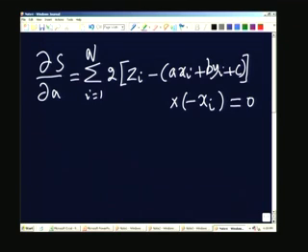This is one normal equation. Similarly, I have to obtain the normal equations for dou S by dou b equal to 0 and dou S by dou c equal to 0. So, three equations will come.